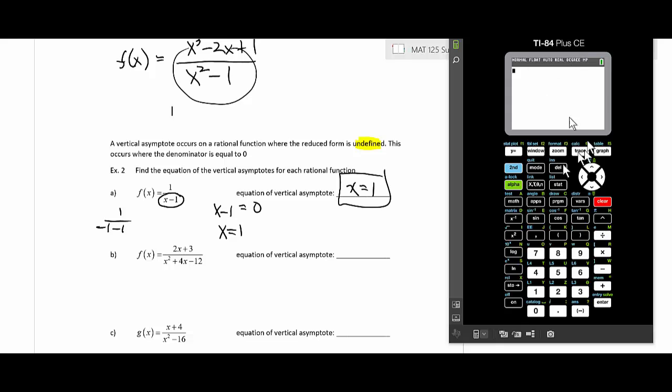Okay, all right, let's put this in the calculator and just see what this looks like. If we put this in like this, we'd have 1 divided by, then you'd have parentheses x minus 1. Okay, put that in. And what you'll see is most of the calculators don't show the asymptote, but you can tell it's there. So what's happening is when x is 1, you have a big break in the graph.